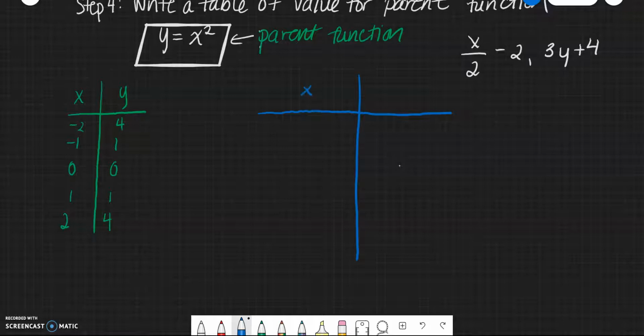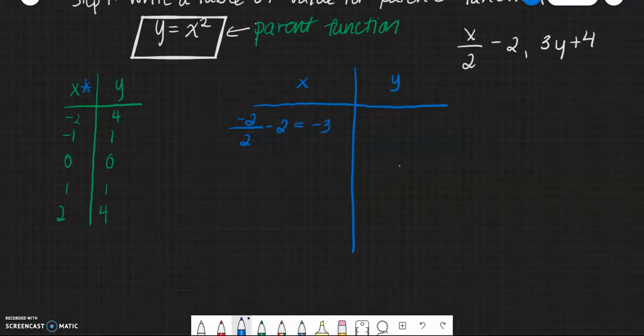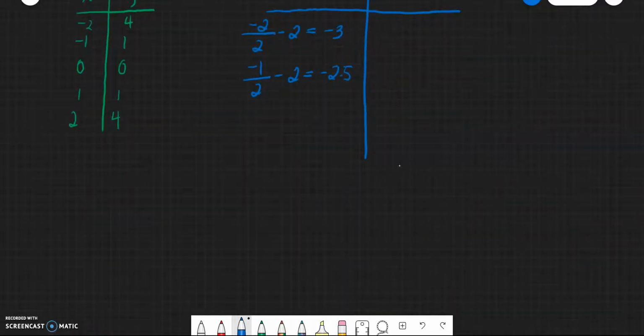So all my x's, all my new y's. How I'm going to find my new x's is by using the x's on this side and just plugging it in there. So I'm going to use negative 2 over 2 minus 2 equals negative 3. Then I'm going to do the same thing for the rest of them. Negative 1 over 2 minus 2 equals negative 2.5, and so on. 0 divided by 2 minus 2 is equal to negative 2.